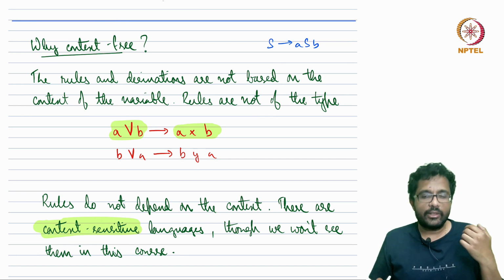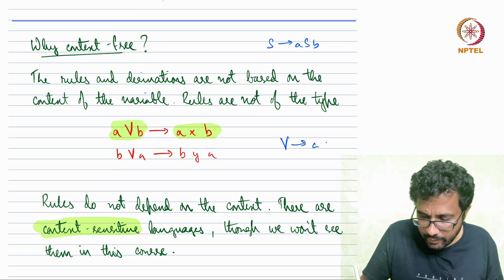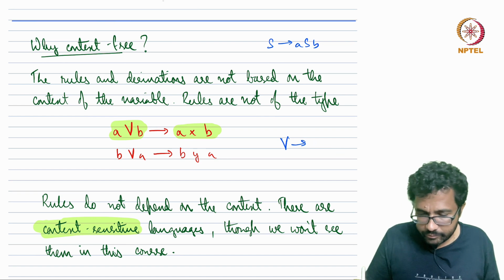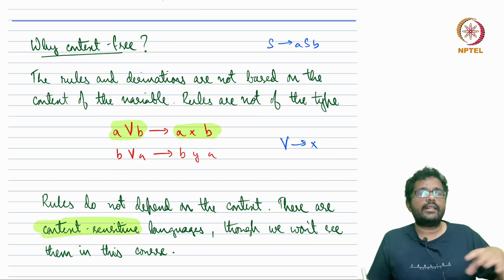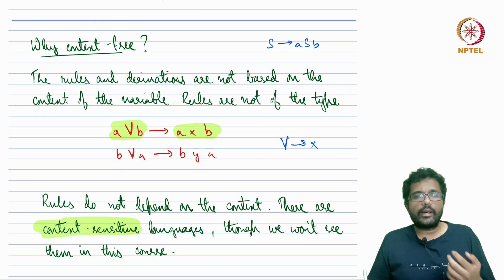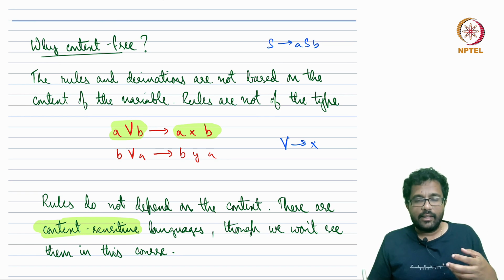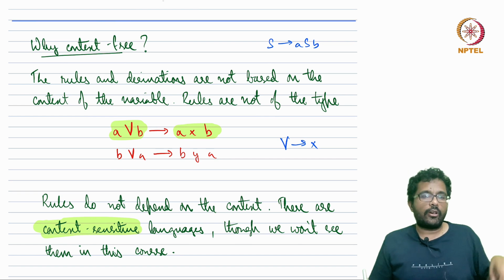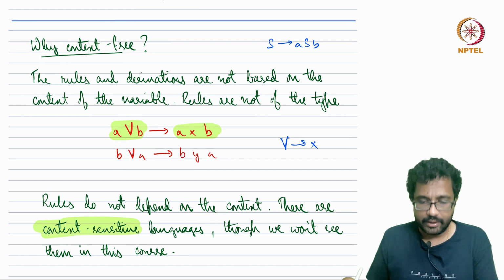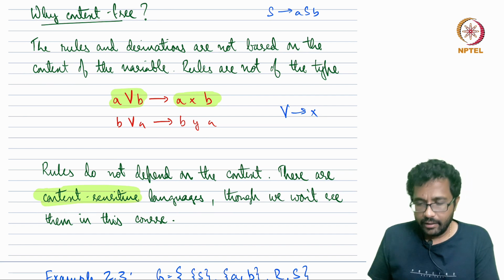They just say that you see a V, and then V gives XY or something like that, or V gives X, without bothering about what V is surrounded by. That is why this is called context free grammar. The rules and productions are independent of the context in which the variable is found.